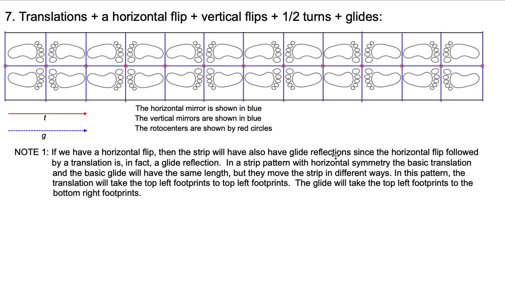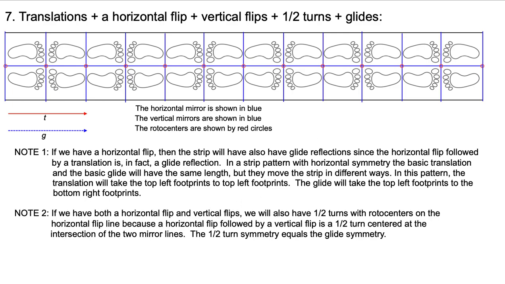First of all, because of that horizontal flip, and the fact that we have translation symmetry, we have glide symmetry. And in a strip pattern with horizontal symmetry, the basic translation and the glide are going to have the same length. They move the strip in very different ways. Second of all, if we have both a horizontal line of symmetry and vertical flips, the intersection points turn out to be half-turn rotocenters.